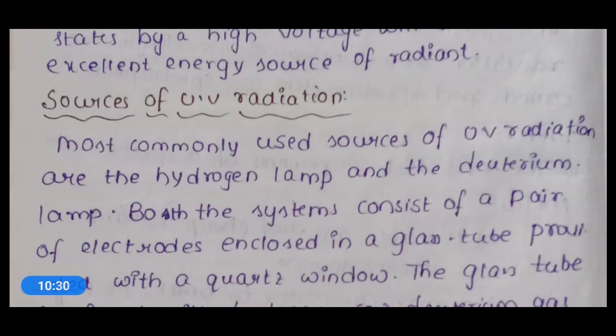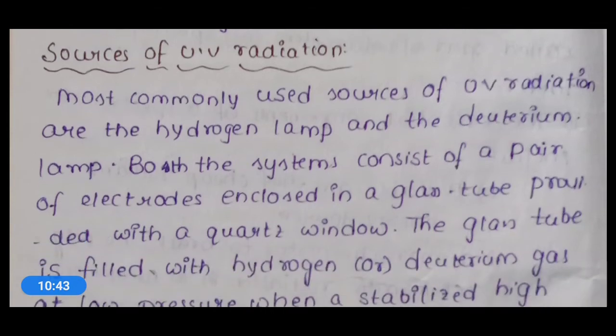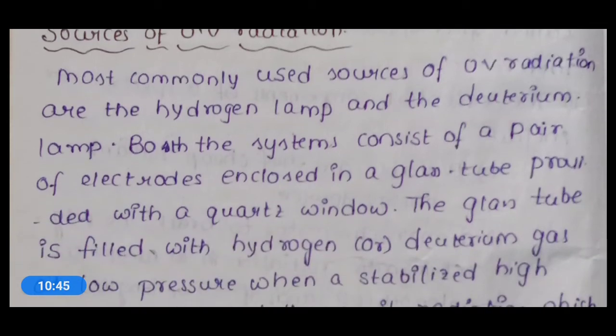And if it is UV radiation, the sources of UV radiation is a UV light, and the most commonly used sources of UV radiations are the hydrogen lamps and the deuterium lamps. Either a deuterium lamp or a hydrogen lamp is used.